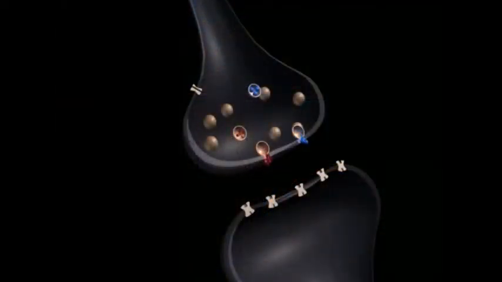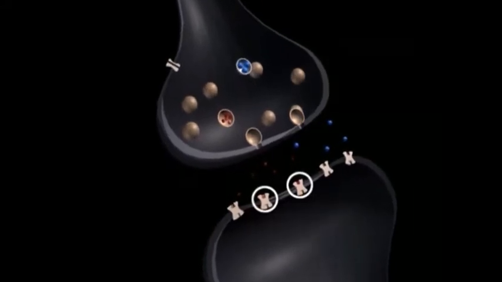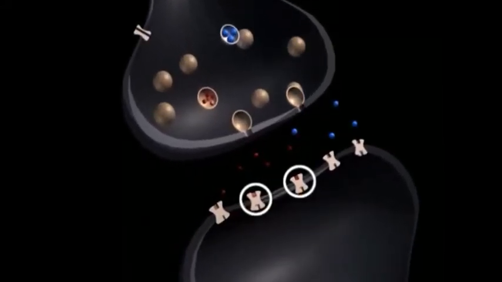And at every point along the postsynaptic surface, the appropriate postsynaptic receptor has to be there to interact with that specific neurotransmitter. So we want to go into more detail about these neurotransmitters because they play a really important role in the process of communication that occurs between neurons in the brain.